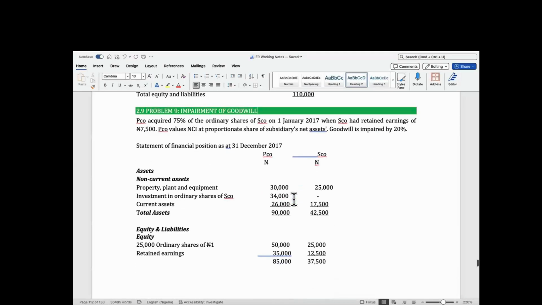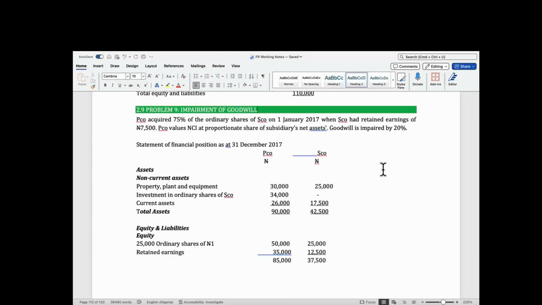Now, using the same principle, I'm told that PICO acquired 75% of the ordinary shares of ESCO on 4 January 2007, when ESCO had retained earnings of 7,500.